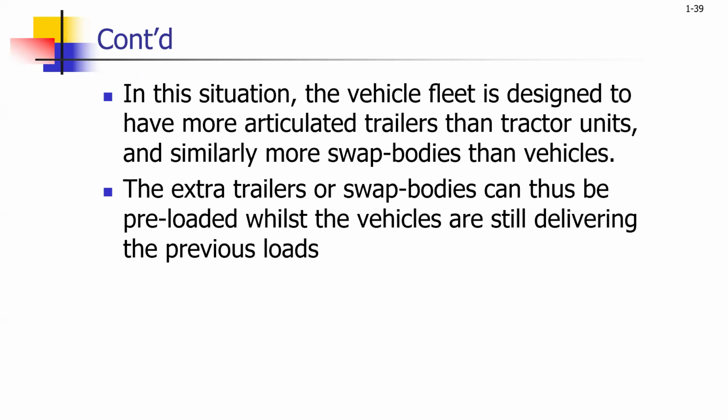So if you do that, there will always be five that are not in use. So we can load those five. When the truck comes, they'll come and pick and go, and they will leave the empty one. So it makes movement easy. So the extra trailers or the swap bodies can just be preloaded while the vehicles are still delivering the previous loads. That's what I've explained earlier.